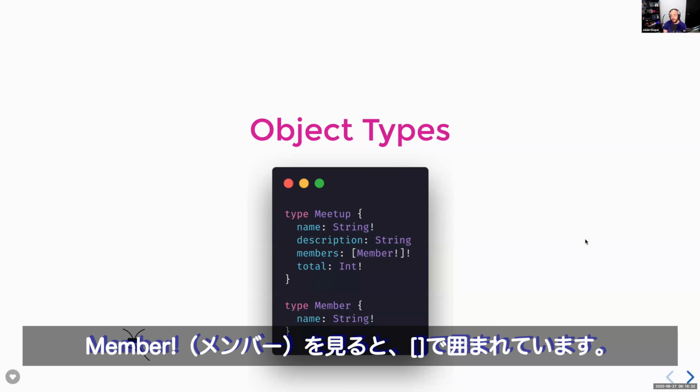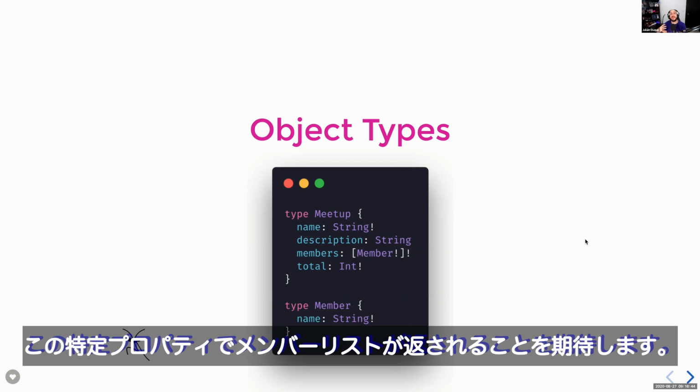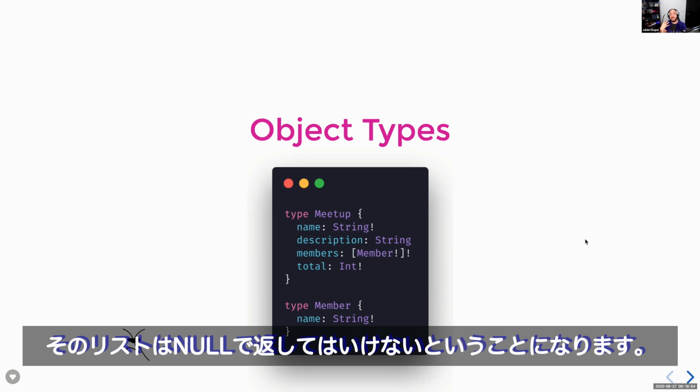If you see members, for example, it is enclosed in brackets. That means that members returns a list of the object member. So we are expecting a list of members in that specific property. And again, I am using the two exclamation points to say that that list needs to be a list and that the members cannot be null.